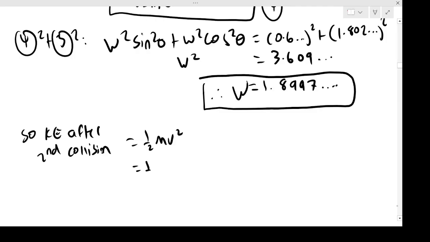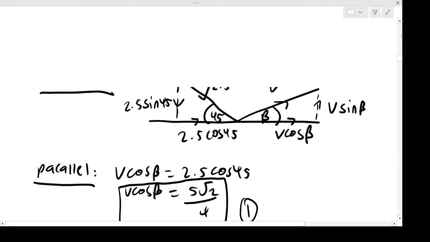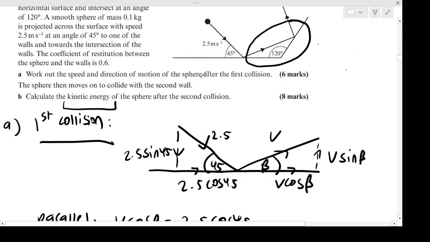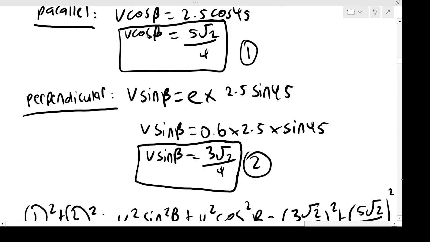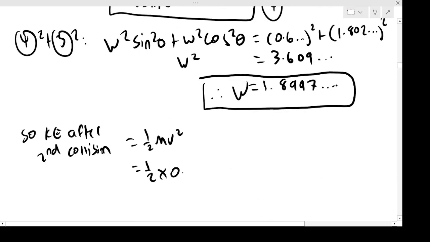Well, in this case, the mass we're told is 0.1. Okay. And then v squared, well, it's just w, right? So it's going to be 1.8997 blah blah blah squared.